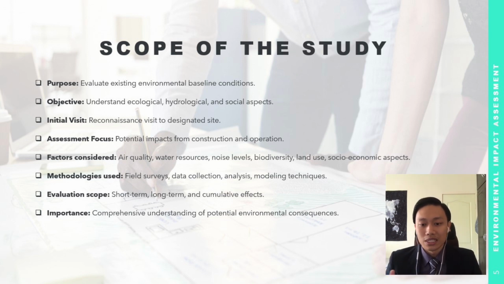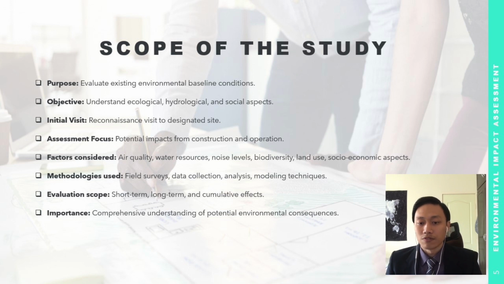The next one is initial visit and assessment focus. EIA begins with a reconnaissance visit to the designated site to gather initial information. The assessment primarily focuses on potential impacts resulting from the construction and operation of a project or development.